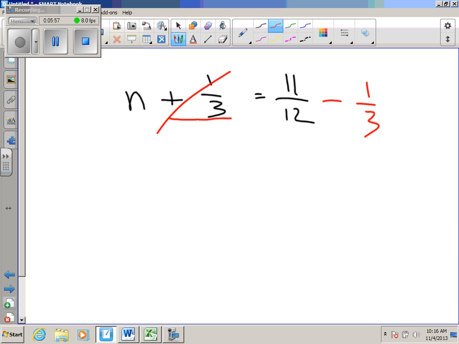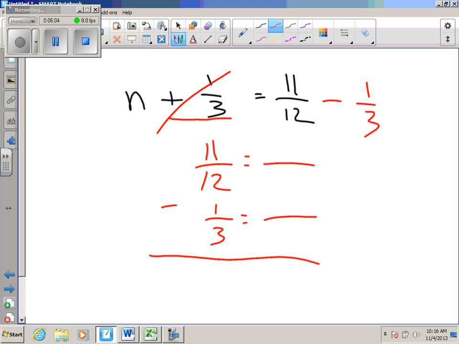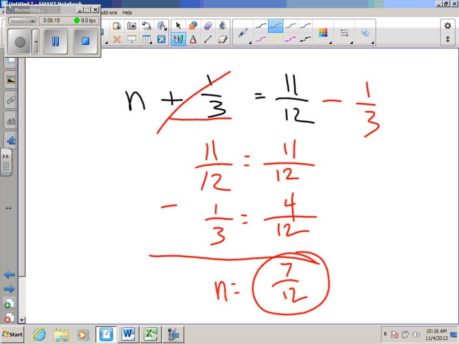So I will just have to set it up with common denominators, which in this case will be 11 on top, times 4. 11 minus 4, 7/12. So n equals 7/12. Have you subtracted with fractions already? Yes. So the setup is going to be important.